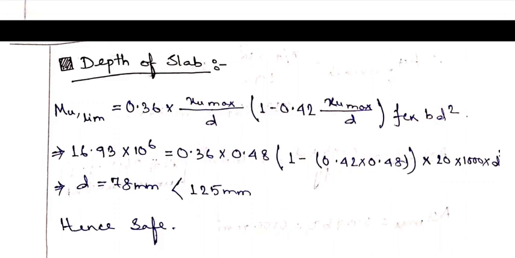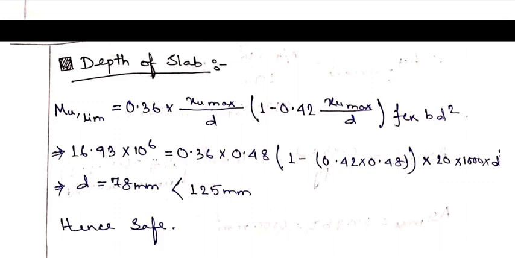This is 0.48 for 415 grade steel, within bracket 1 minus 0.42 into 0.48, where 0.48 is the value of xu max by d for 415 grade steel, bracket close, into fck, that is 20, and b is 1000 because the slab is designed as 1000 mm width of beam, into d squared.